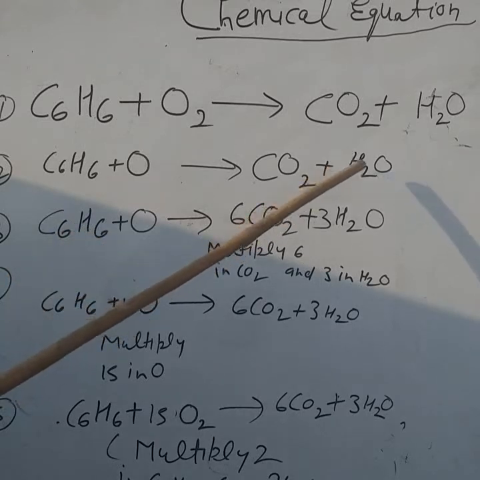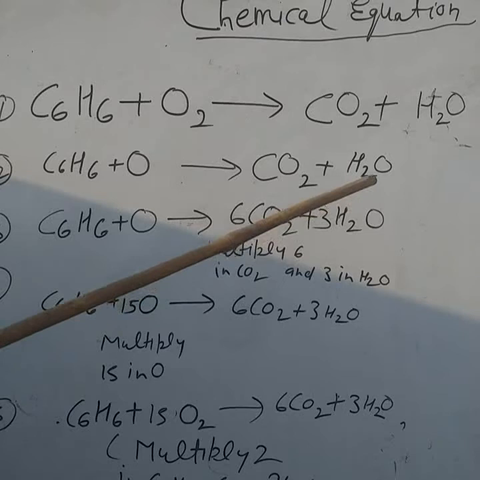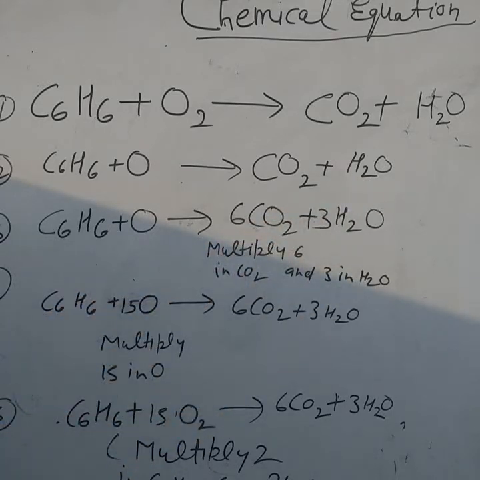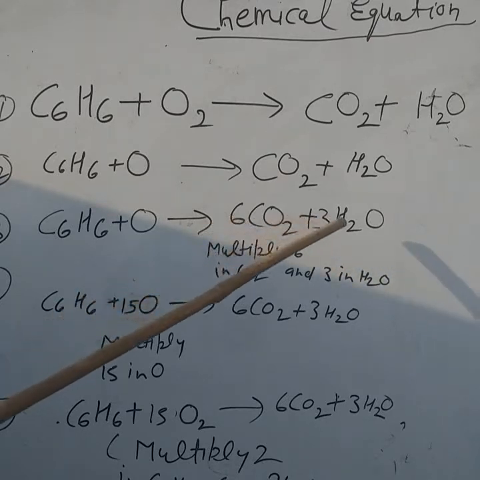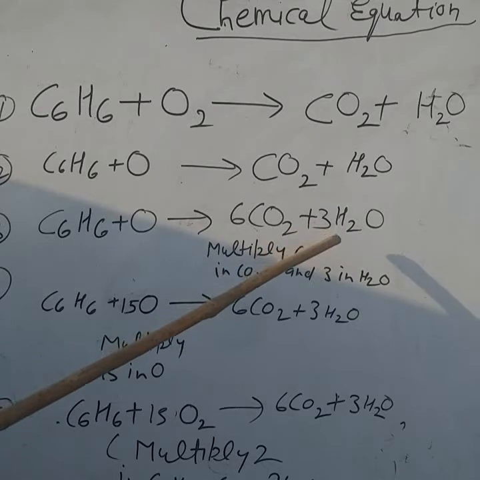Here hydrogen is 2, and when multiplied by 3, the number of hydrogen is also 6. Now carbon and hydrogen are balanced.